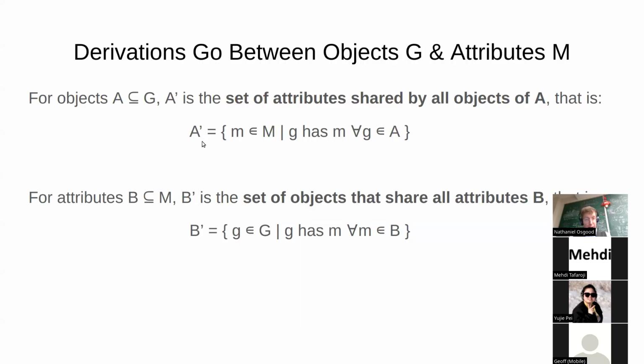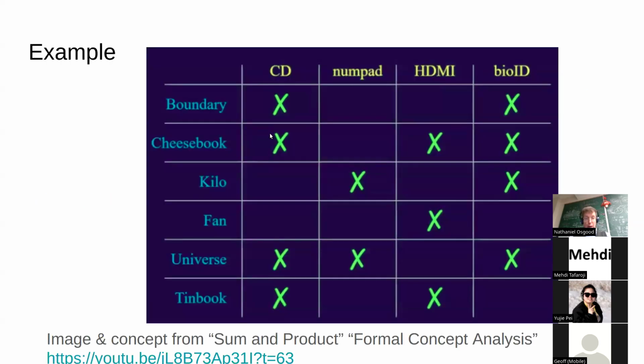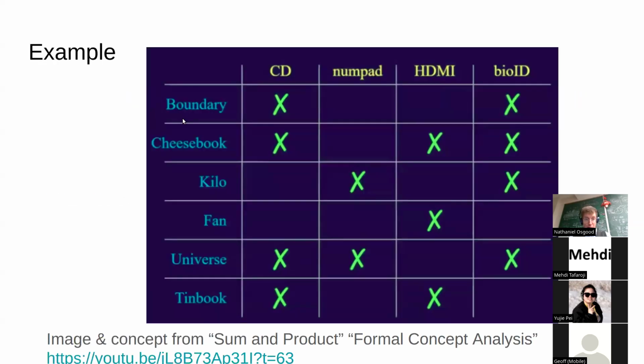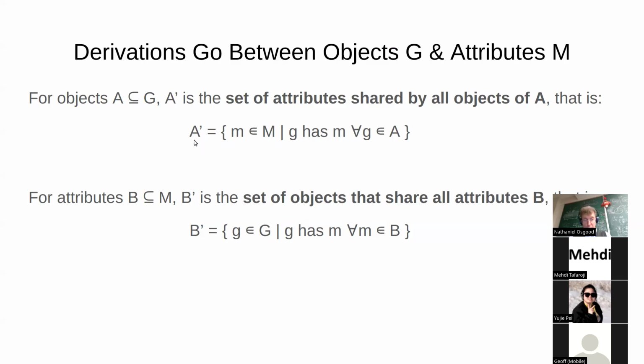If that's your set A, A prime would be CD and BioID, because those are the attributes shared by each and every one of these objects in A.